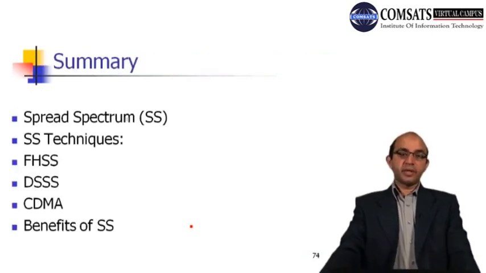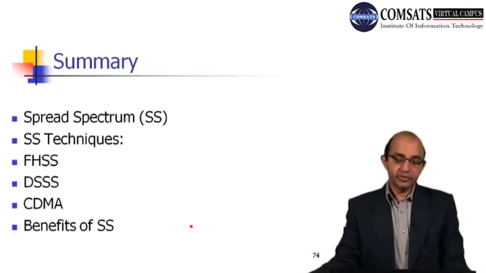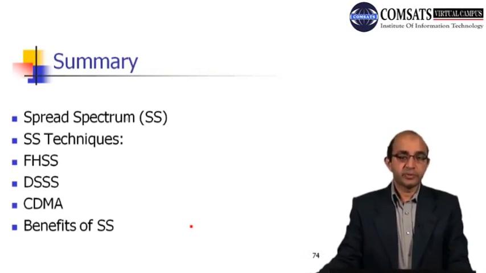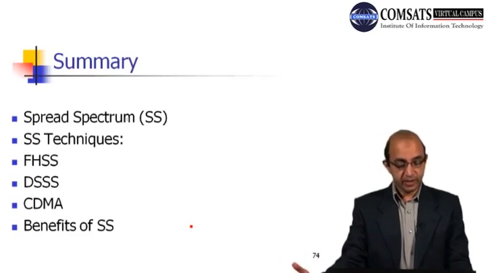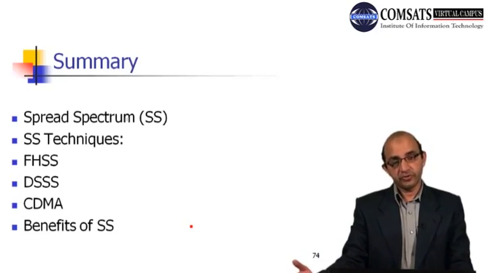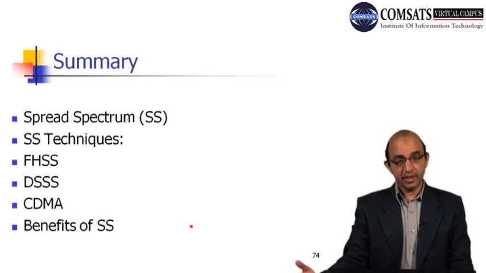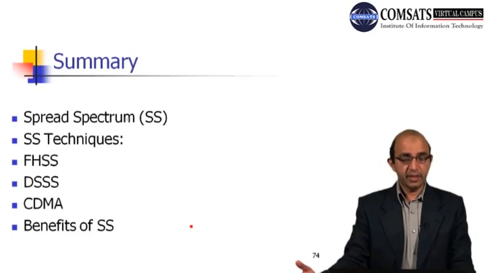Right, so that's all for today's lecture. Today we have talked about spread spectrum, and we have also discussed the model that is used to have the spread spectrum technology, and then we have two different types of techniques used to implement the underlying spread spectrum technique.